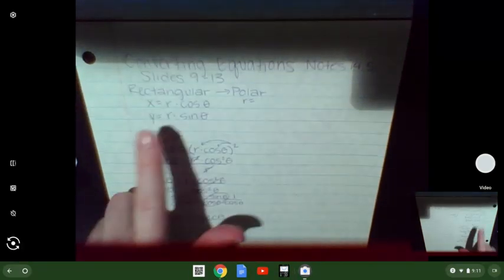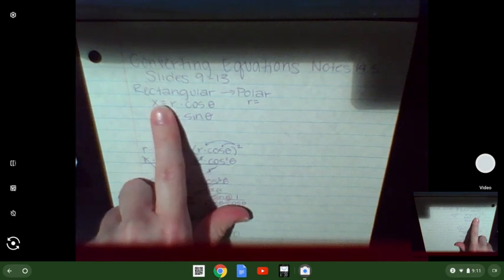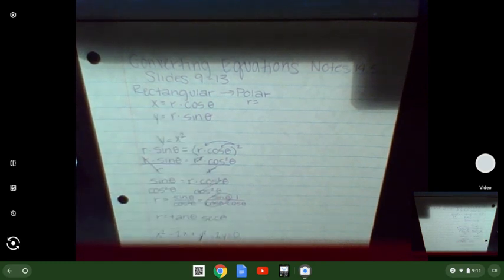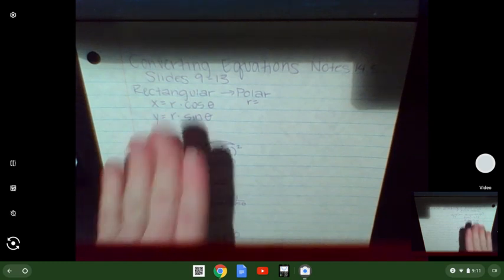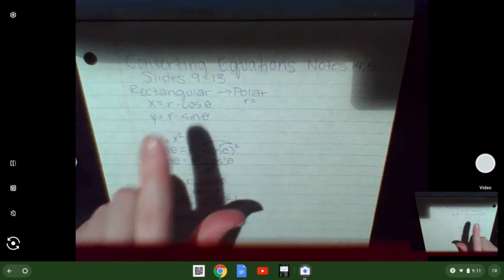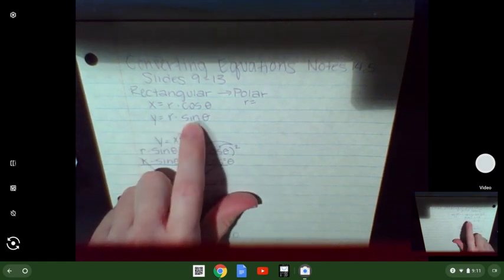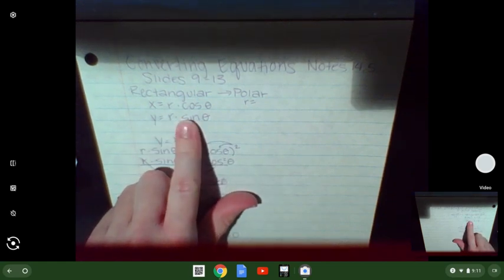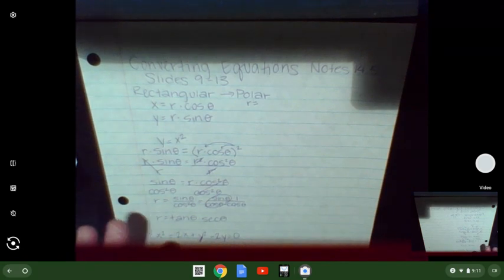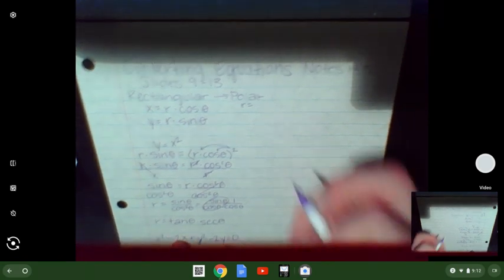Now, while we have these right up here, we actually had two other equations that could be really handy. If you're looking at the slides, that would be fast forwarding to slide number 10. Going from rectangular to polar, truly, these are the only two equations you need. But using the other two equations could make your life slightly easier.